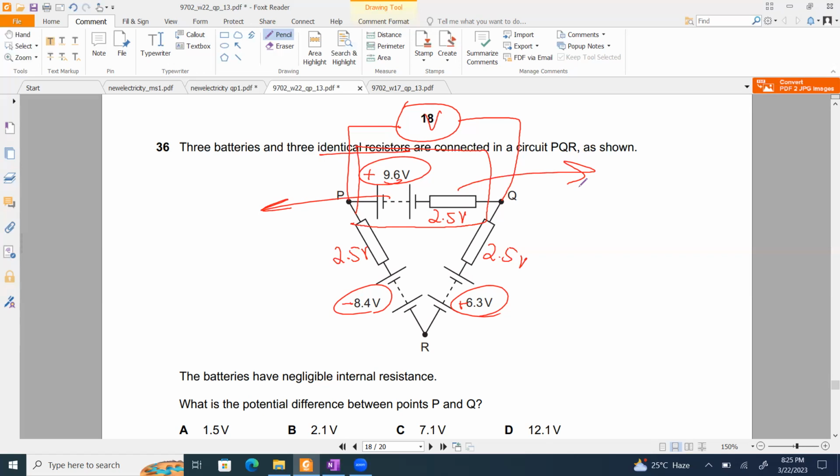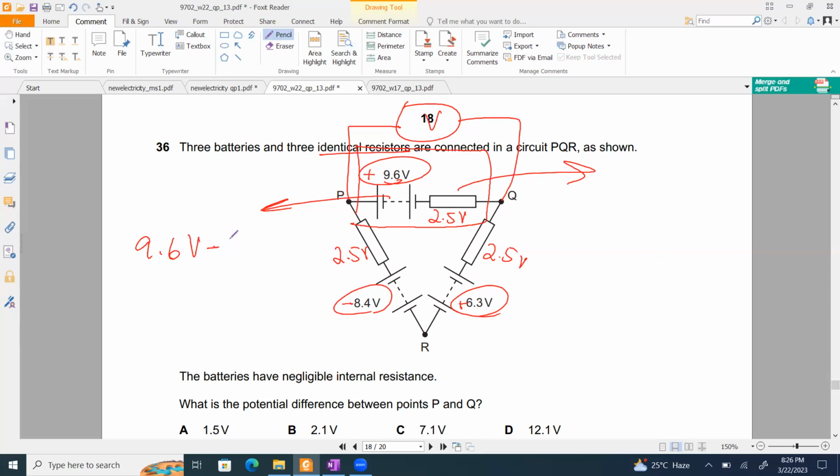Tell me which one of them is an energy provider and which one is an energy consumer. 9.6 volt provides energy, and 2.5 volt consumes energy.